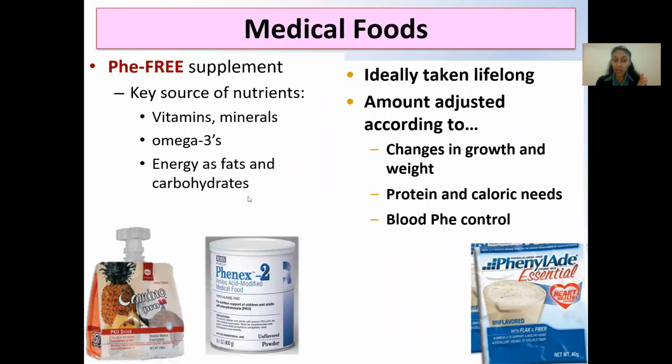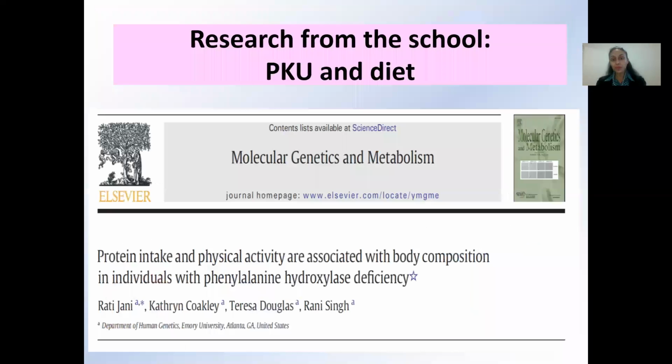They are available in various forms: powdered forms, which you mix with water, and liquid or gel forms, in various tastes and compositions. Ideally, medical foods have to be taken throughout life, and how much the patient takes depends upon the growth cycle and life cycle the patient is in, the protein caloric need, and the blood control that the PKU patient is maintaining.